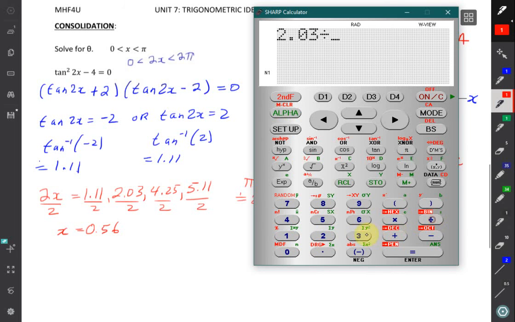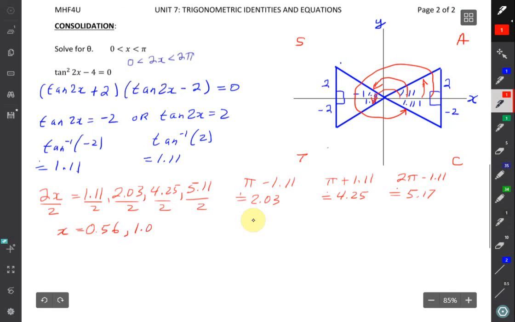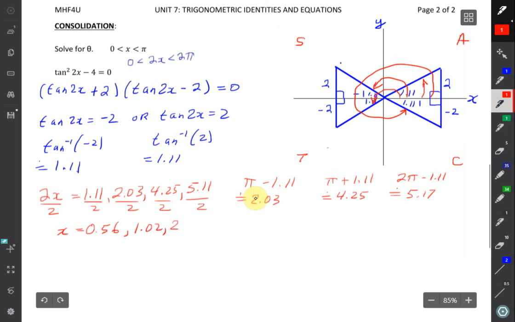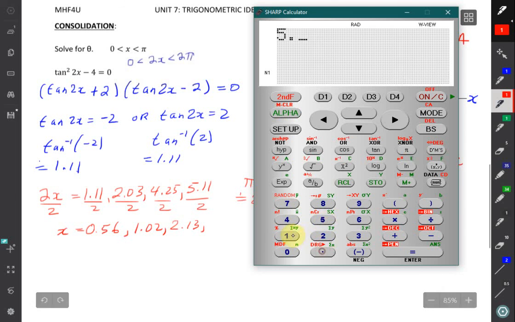2.03 divided by 2 is 1.02. 4.25 divided by 2 is 2.13, and 5.17 divided by 2 is 2.56.